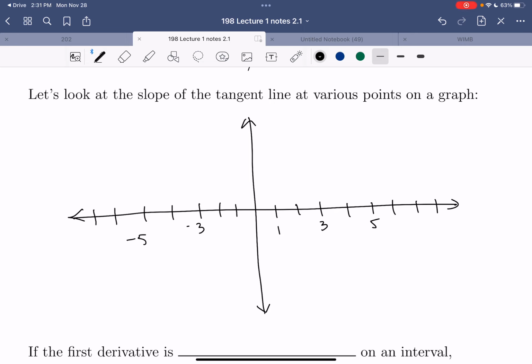And then I'm going to draw a function here. Okay, so my function is going to be somewhere up here at 1. It is going to cross at 3. It will be somewhere down here at 5. It is going to cross somewhere like here. In particular, I'm going to have a point here.